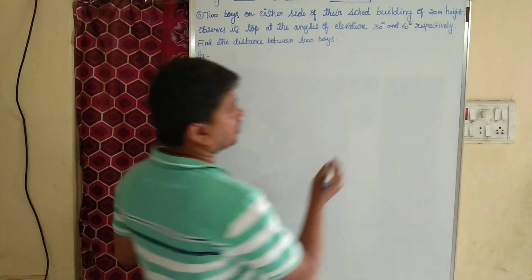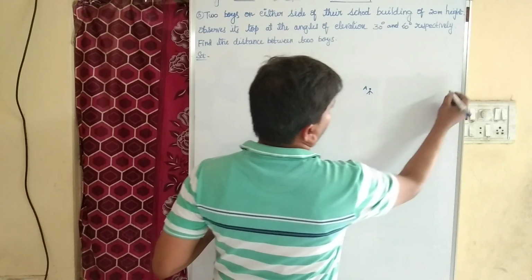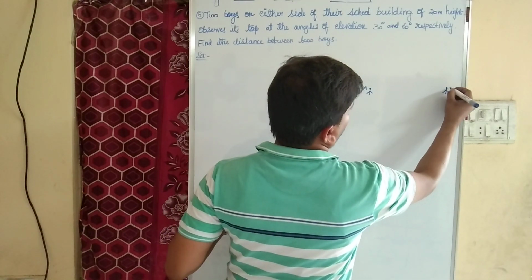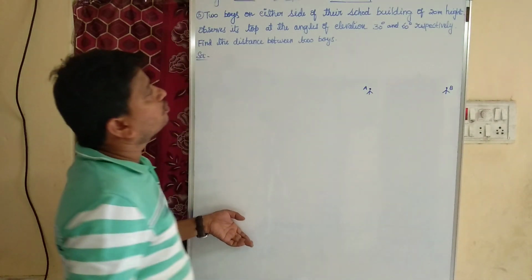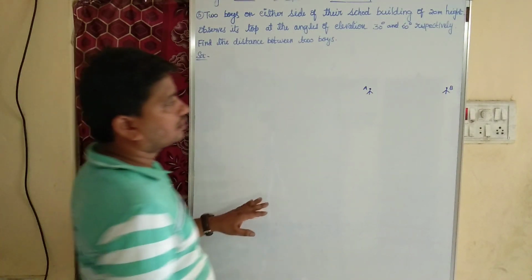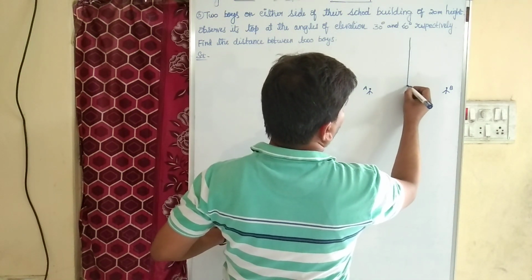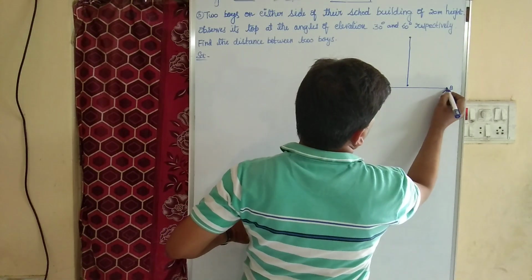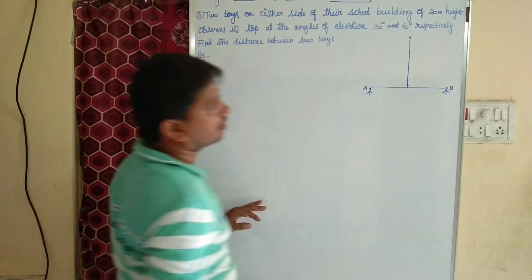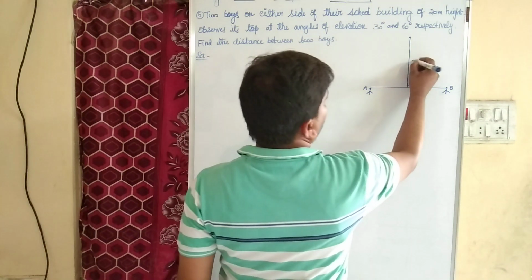Okay, now suppose he is a boy A and he is another boy B. Two boys on either side of the school building. So for example, this is their school building, of height how much? 20 meters.